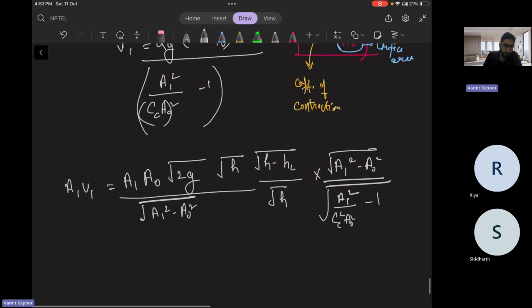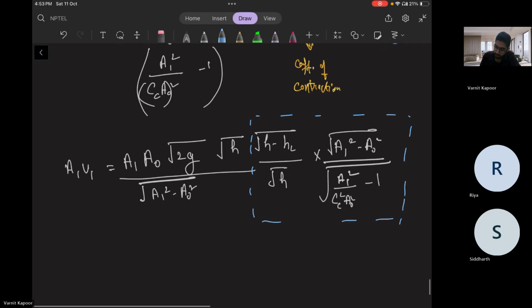So this expression, this part, is nothing but C, that is the coefficient of orifice, similar to how we had coefficients of Venturi.